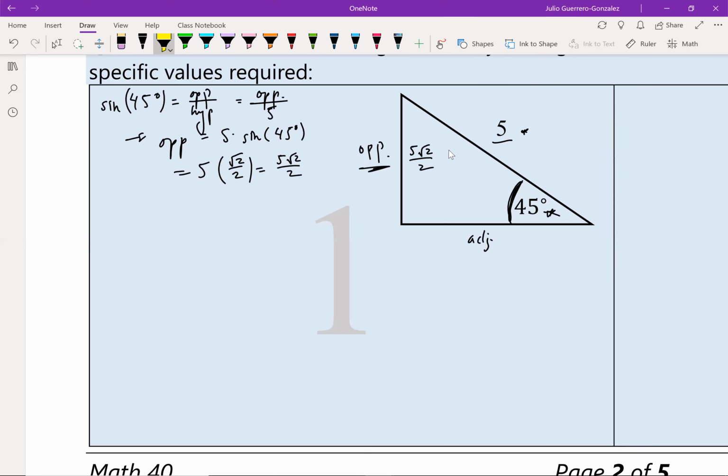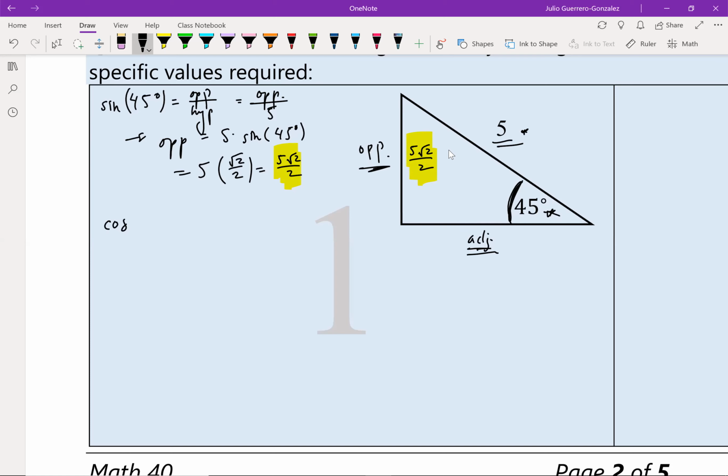Okay, so we got this answer from here. And then last, we need to find the adjacent, right? So we need the adjacent. We have a hypotenuse. That's cosine, right?